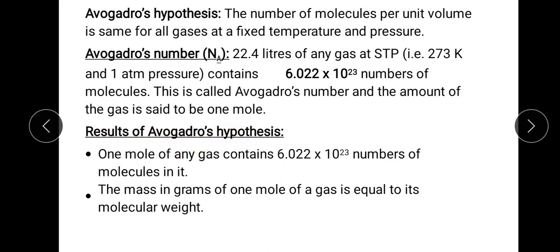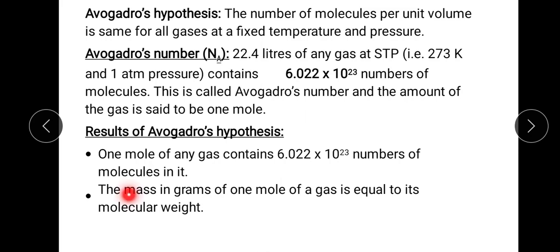If you observe the inference of this Avogadro hypothesis, we may write these 2 points, which will be very important for you. The first point is that 1 mole of any gas contains 6.022 into 10 power 23 molecules.